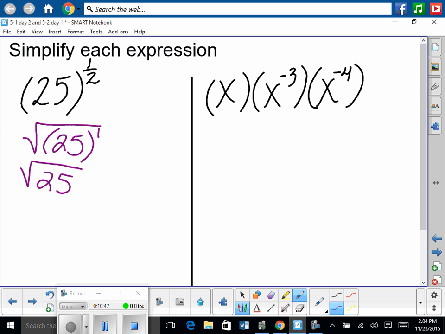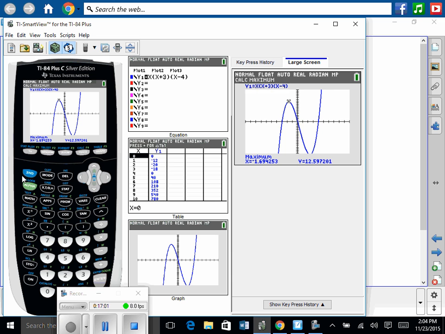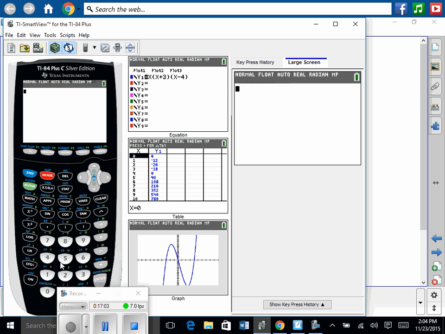Type it into your calculator. What's the square root of 25? 5. Okay, so our answer is equal to 5. Now I'm going to teach you something. Pull out your calculators. Type it in like this. Don't do extra work. We could rewrite it in radical form, but why not just go like this? Everybody watch. 25 raised to the parentheses 1 divided by 2.